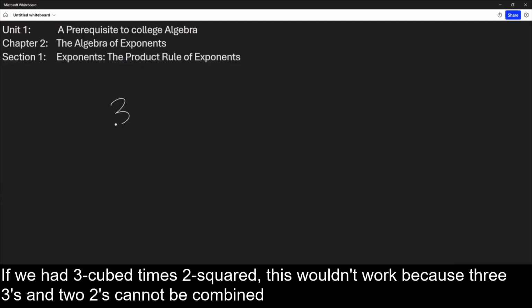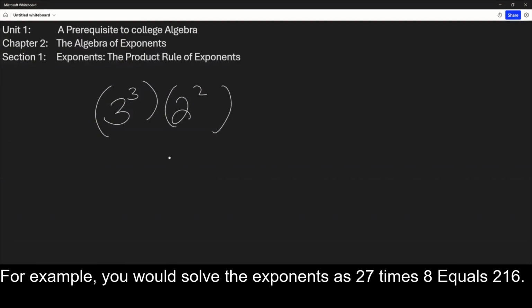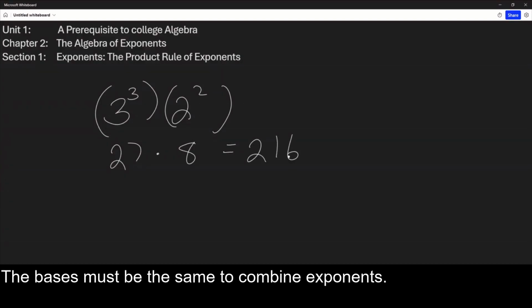If we had 3 cubed times 2 squared, this wouldn't work because 3 3's and 2 2's cannot be combined together until the computations are complete. For example, you would solve the exponents as 27 times 8 equals 216. The bases must be the same to combine the exponents.